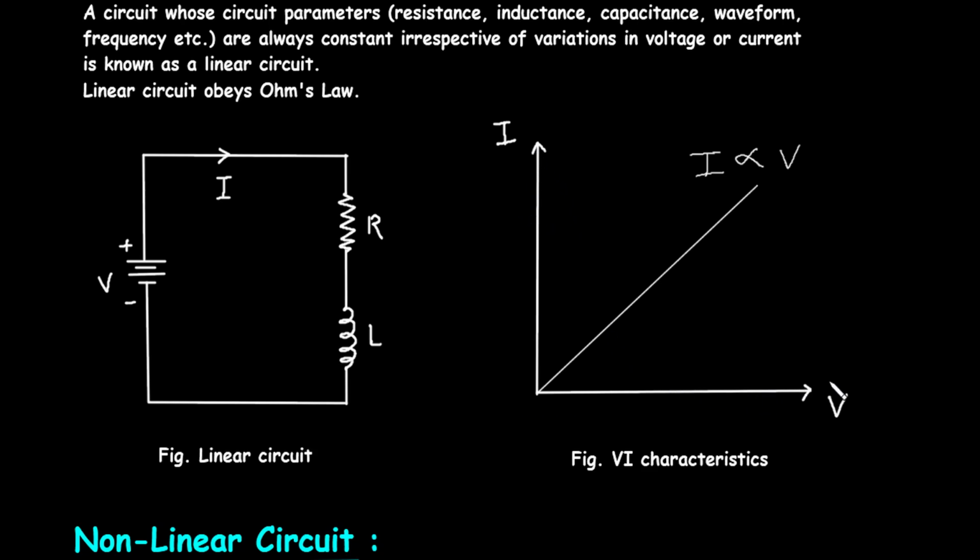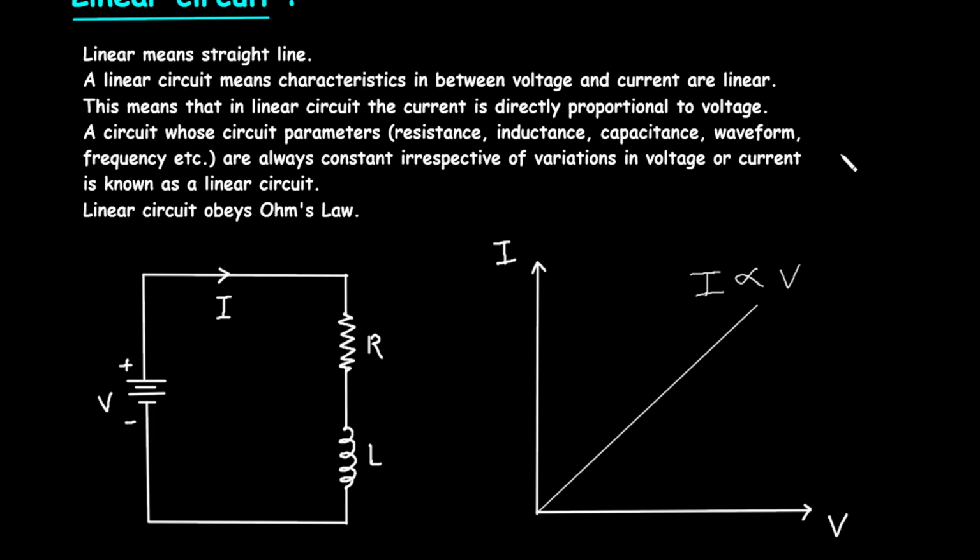On x-axis voltage and on y-axis we have plotted current. Here we are getting a straight line. This means that in a linear circuit the current is directly proportional to voltage.